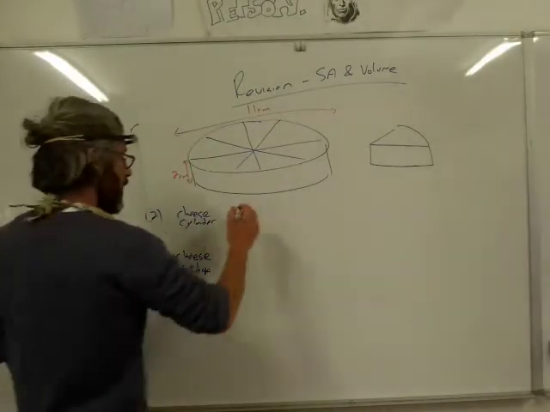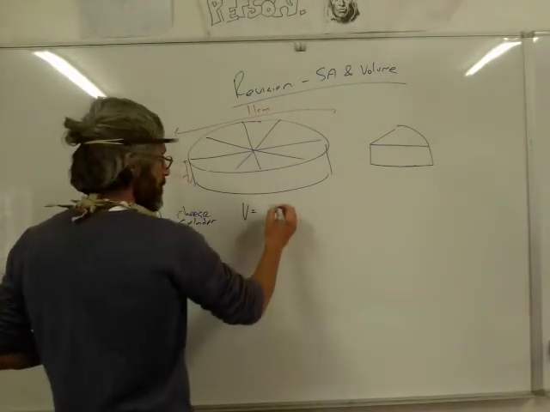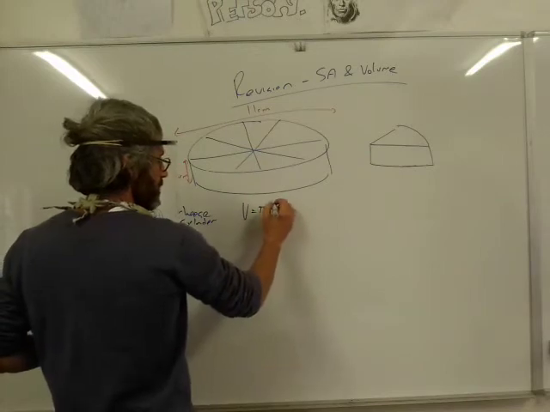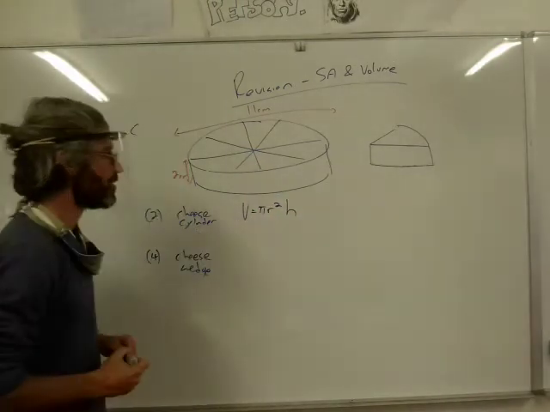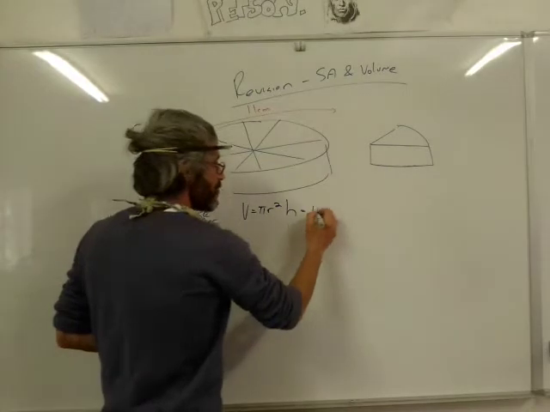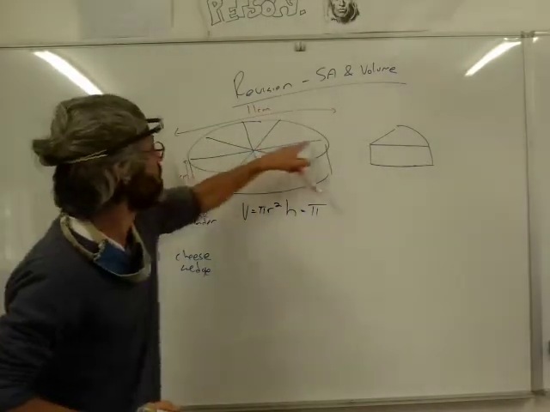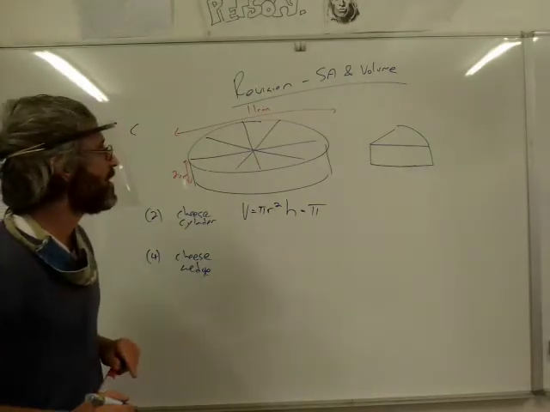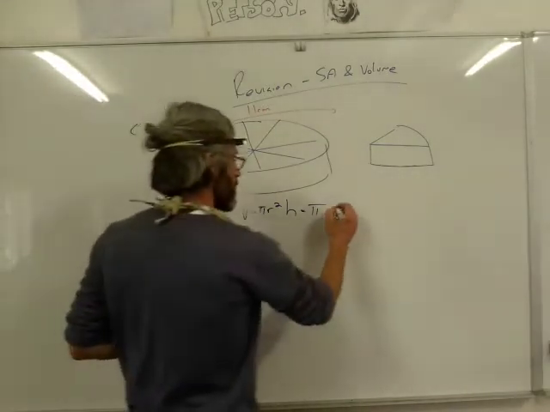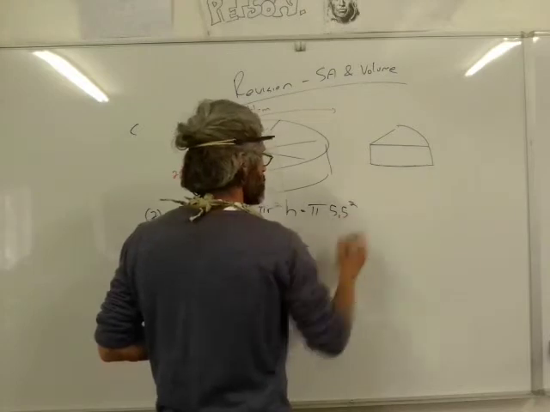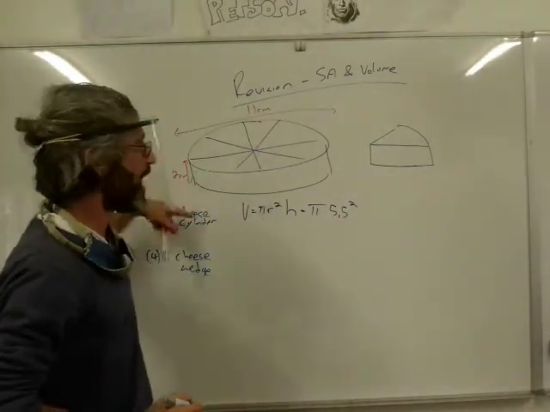Okay? So to calculate the volume, okay, we know what we're doing. We're doing pi r squared times h. Okay? So pi is just pi. The radius. What is the radius? Well, if this whole distance from here to here is 11 centimeters, then the radius is half of that. Okay? So the radius is 5.5 squared. And we times that by the height, okay?